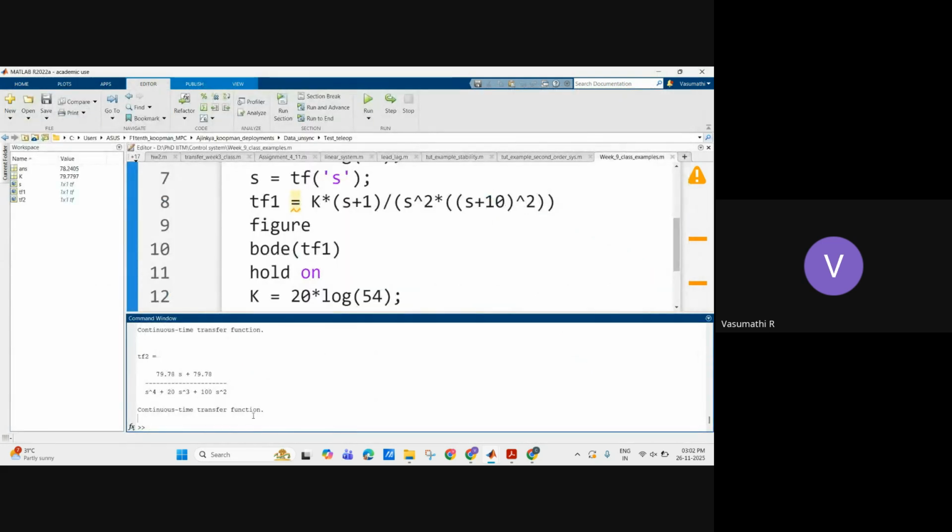Okay, 20 log of K2 is, 20 log of K is 54.